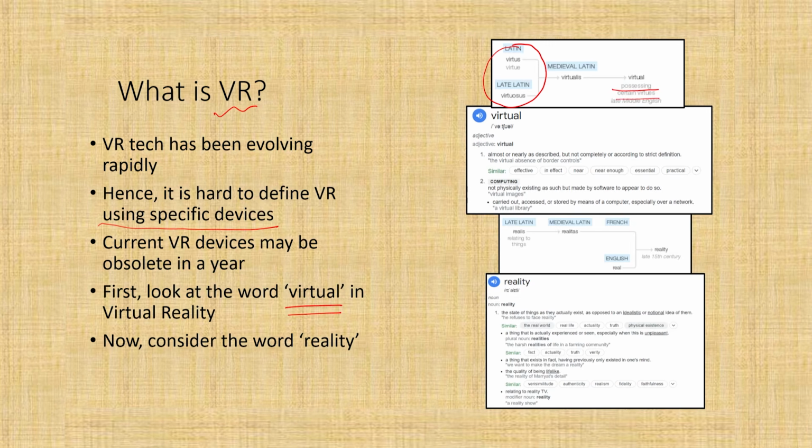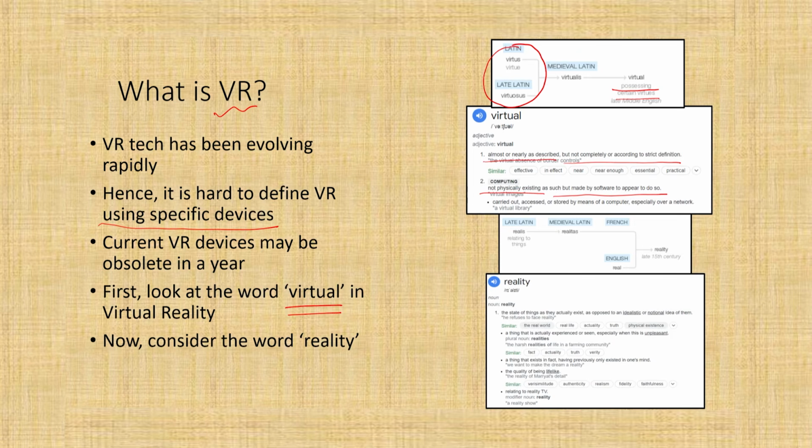The contemporary English definition of the word virtual is almost or nearly as described, but not completely or according to strict definition. It could also mean not physically existing as such, but made by software to appear to do so. Okay, so, hopefully, the word virtual is clear to you.